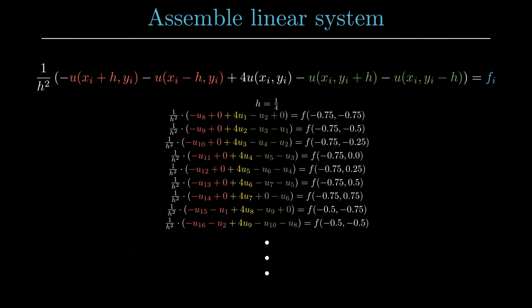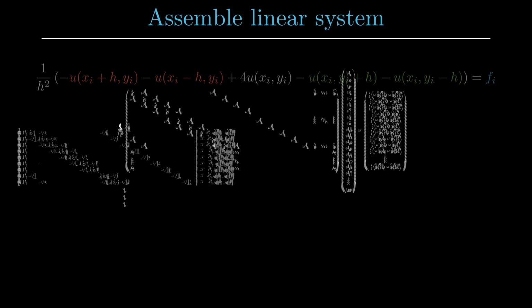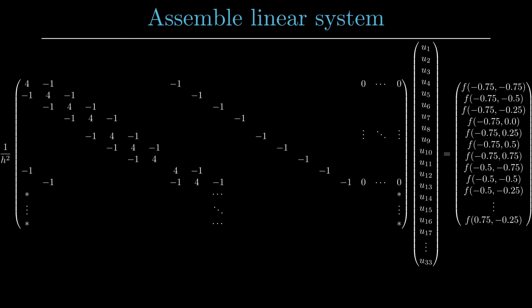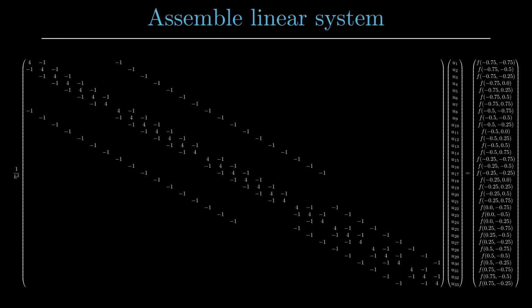After looping over all grid points, we can now regroup the equations, which can also be written down in matrix notation. Overall, we get a linear equation system with 33 unknowns, which can now be solved if the right-hand side function f is given.